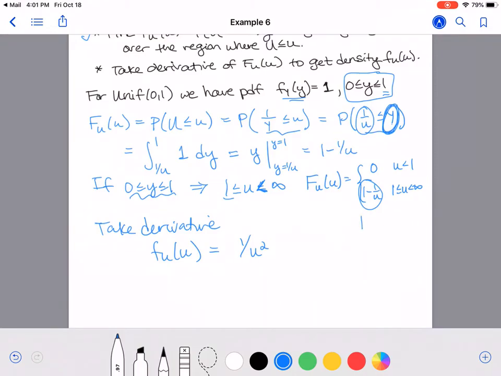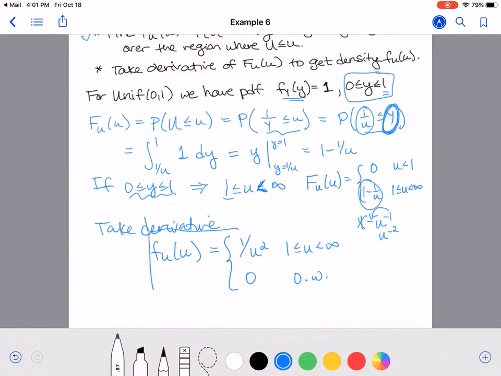This is 1 minus u to the negative 1. So when we take the derivative of this, we end up with a 0 for the derivative of the constant term, and for the derivative of this term, bring the 1 down and drop the power, so we get u to the negative 2. So we have 1 over u squared, and this is for 1 less than or equal to u less than infinity, and then we could just say that we're 0 elsewhere.